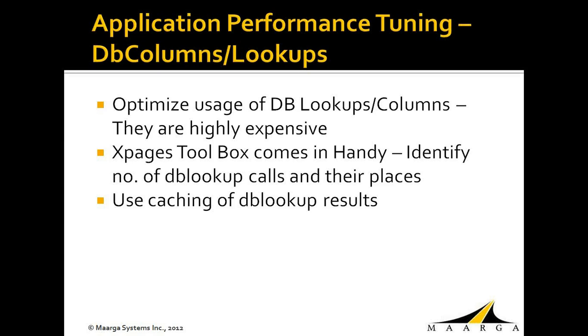If you know that there are not going to be too many changes, then you can always cache the results so that every new lookup doesn't hit a fresh one but goes to the cache and fetches it. You can also think of storing the results in a scope variable, whether application or session based on the usage. So overall, we should see how we can optimize the number of lookups that we use in the application. This actually gives a great deal of improvement in performance.